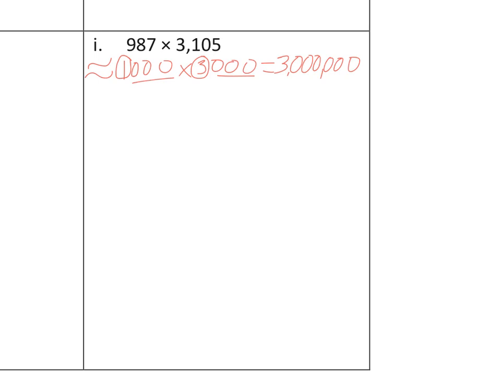We'll have to see. Now, here's what fifth graders will end up doing that might cause some problems. They might actually take 987 and put that on top and then put 3,105 and line up like that, and that's not correct because it's not lined up to do your multiplication correctly.